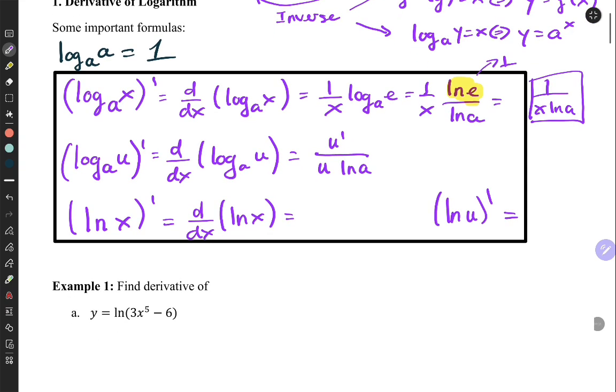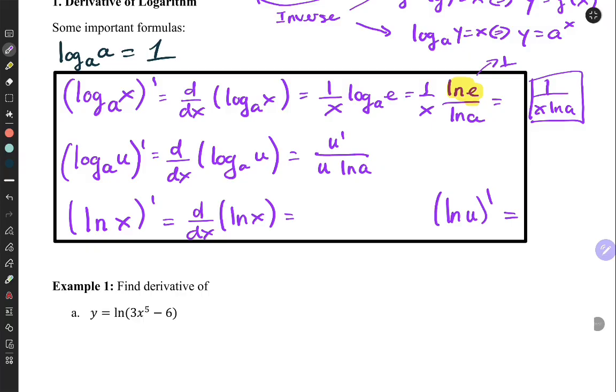How about the next one? ln of x. Bring this one inside and let's simplify that. Using this, 1 over x times ln of a, in this case a is e.